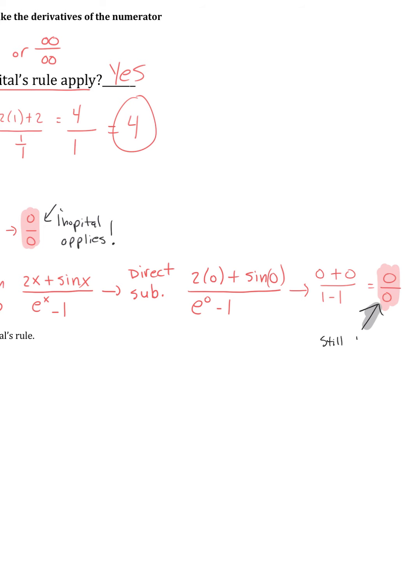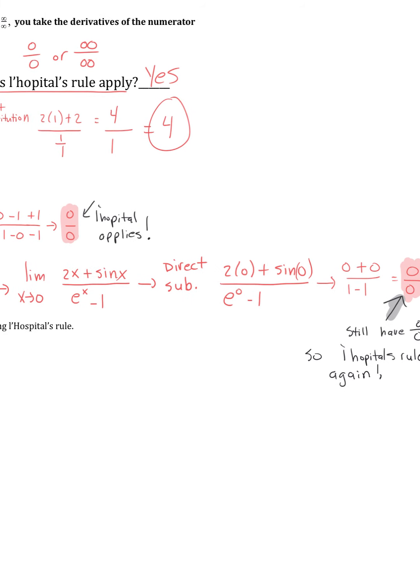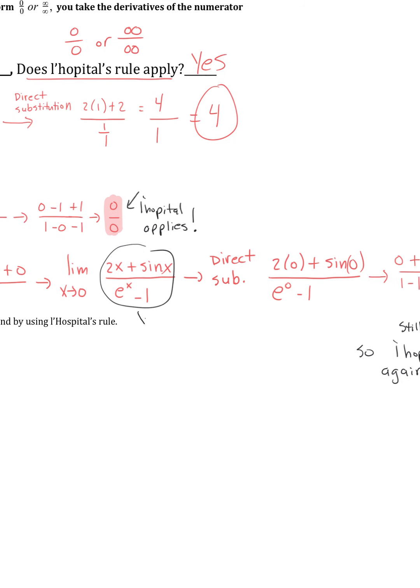Still have 0 over 0, so we do L'Hopital's rule again. All right, and we do it from right here, from the first derivatives.